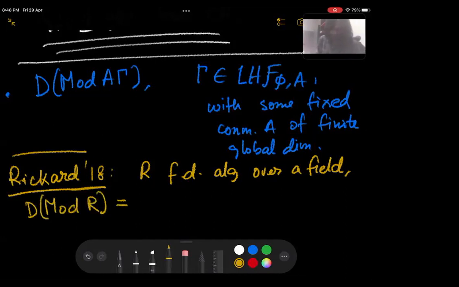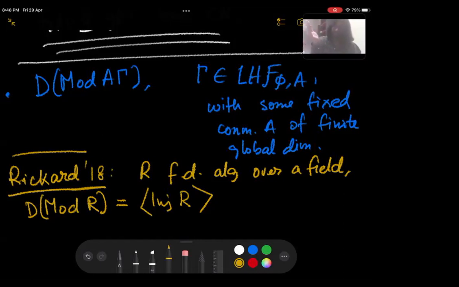and if you have that the injectives generate the derived unbounded category, what it means is, you look at the class of injective modules as complexes concentrated in degree 0. Again, a standard thing to do. And then you look at the smallest localizing subcategory containing that class of objects.